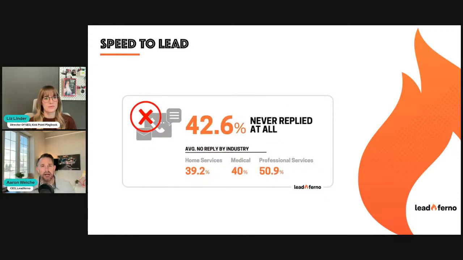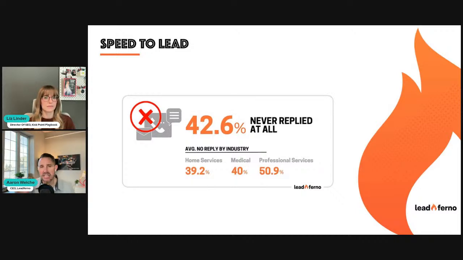So all those things open you up to lose that competition. This one blew my mind. 42.6% of these never replied at all. Not one reply. So all of these companies screaming, we need leads, they're not showing it. They're not taking care of the leads that they got. Very highly rated, I want to buy leads that are there. And we also saw this pretty consistent across the different industries.